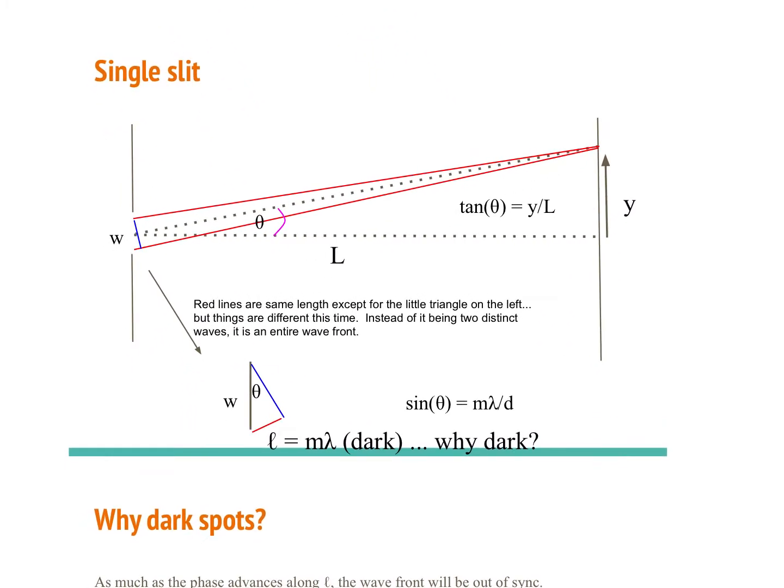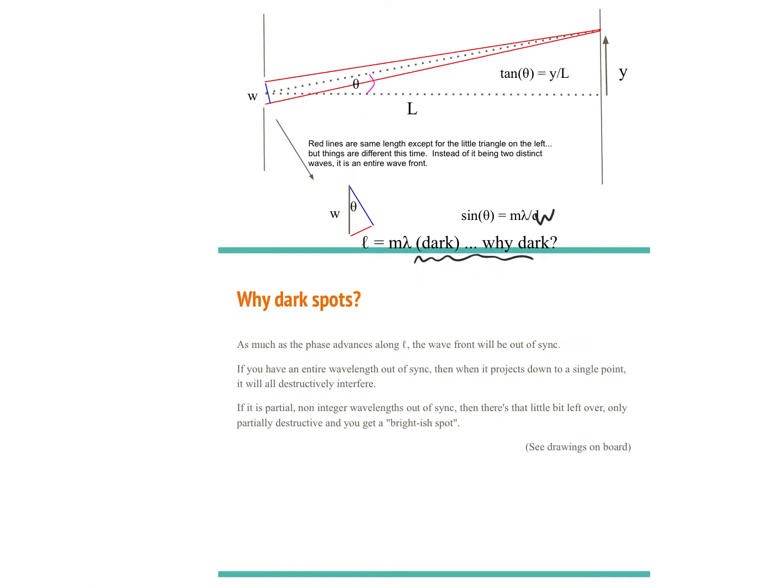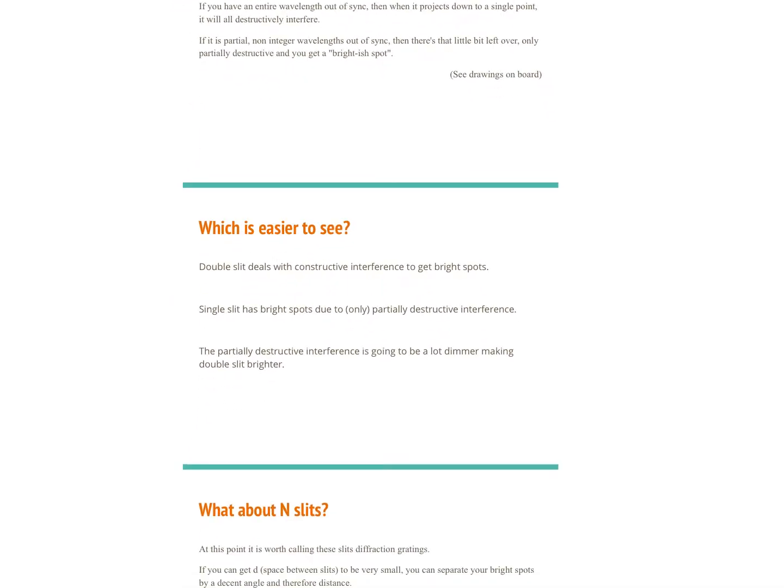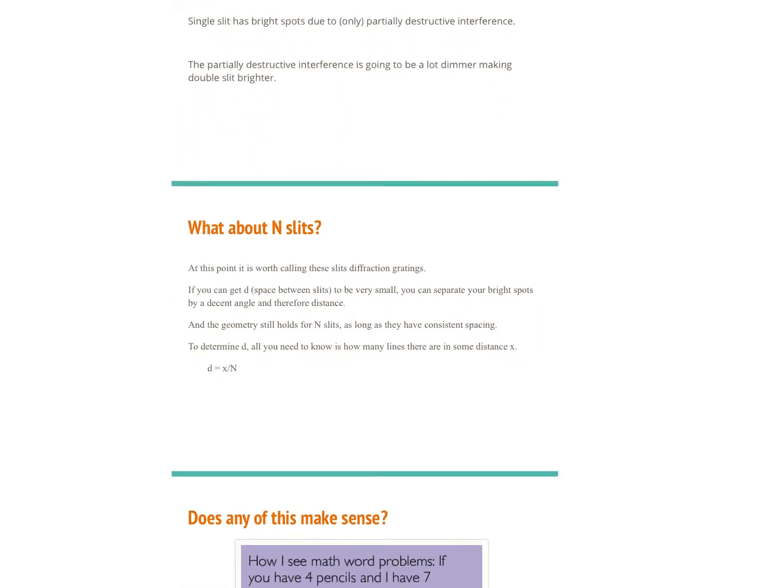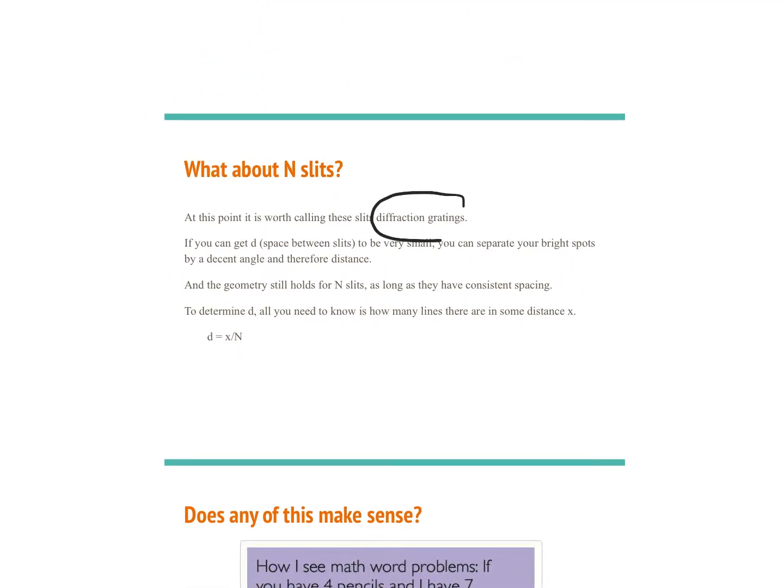Single slits, it ended up with the same equations except for a w for the width of the slit, and all the results were backwards. Okay, so bright spots were dark spots, and dark spots were bright spots. Went into y, extrapolated to diffraction gratings.